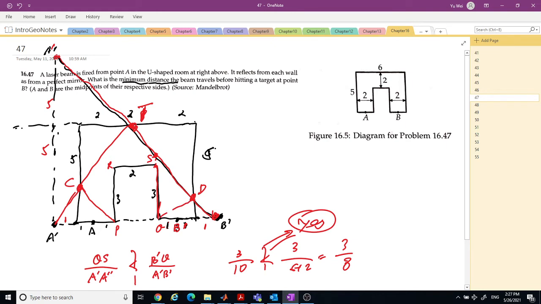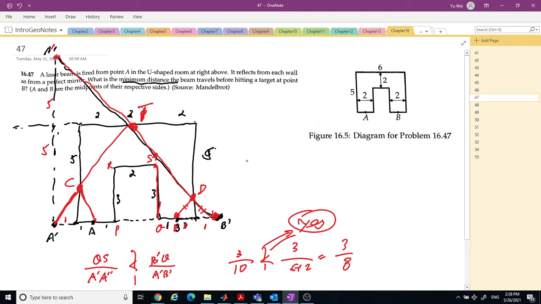So now you can see AC is equal to A prime C, right? And bouncing back to here. And DB prime is equal to DB, right? So this is the shortest path.